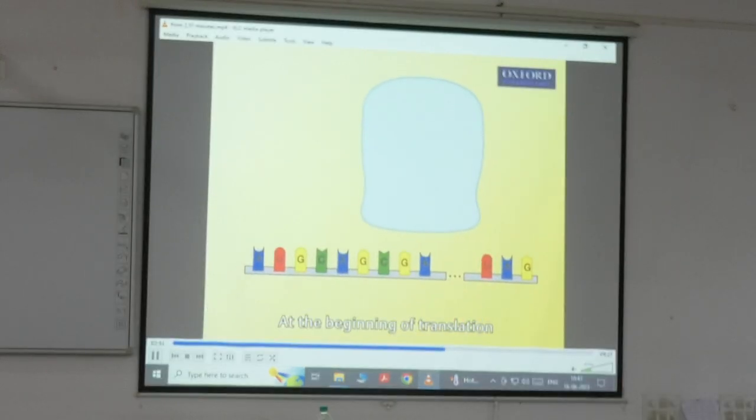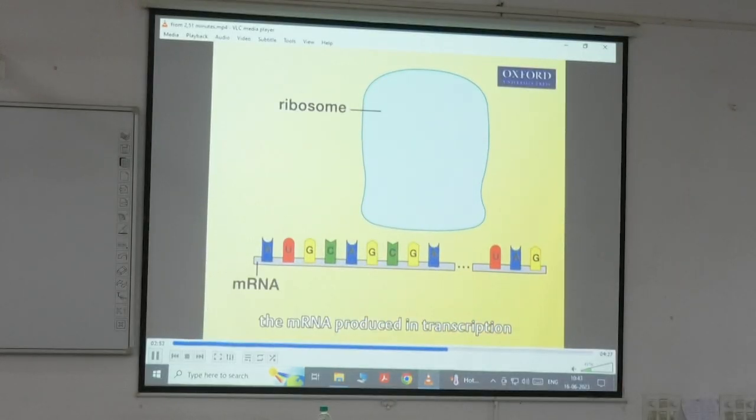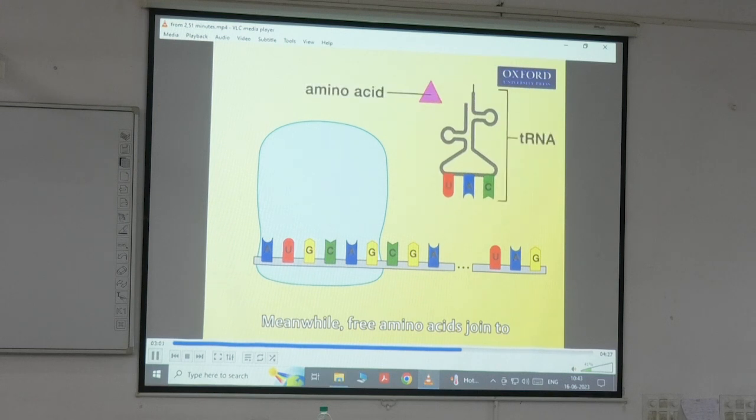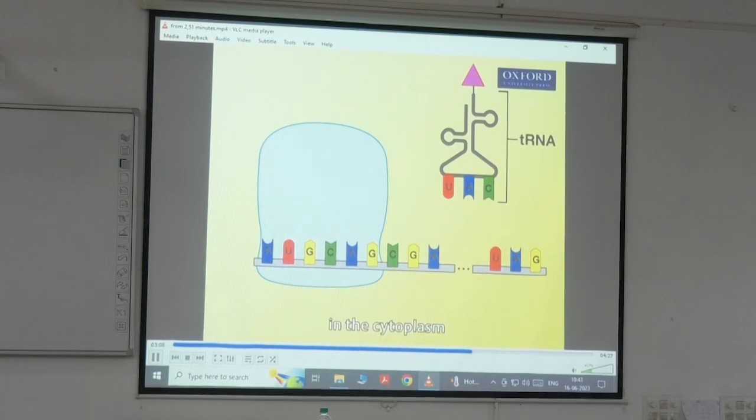At the beginning of translation, the mRNA produced in transcription attaches to a ribosome. Meanwhile, free amino acids join to specific transfer RNA, or tRNA, in the cytoplasm.